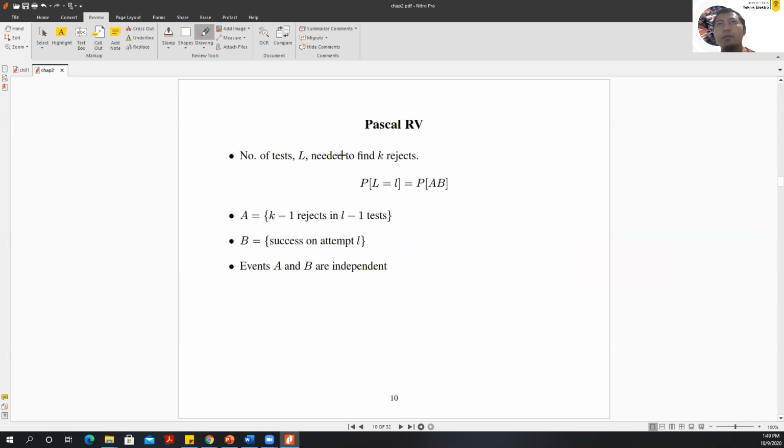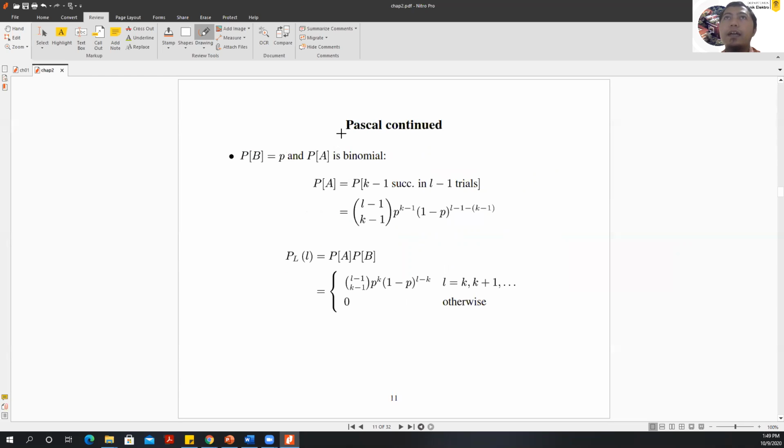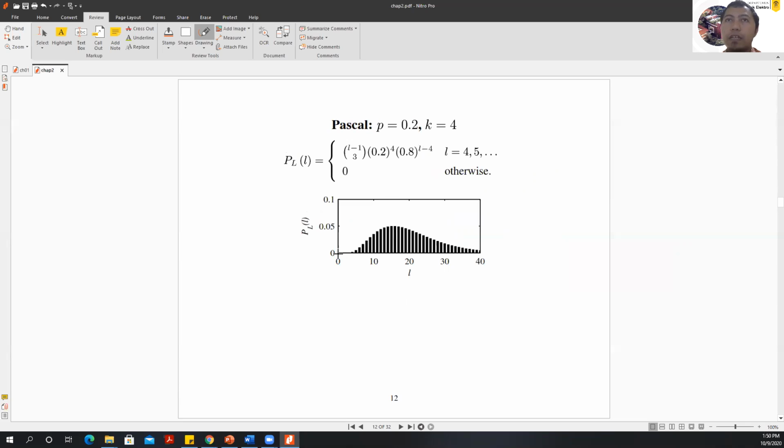Pascal is like this: it rises exponentially from 0, then after some peak it decreases gradually, but the slope is not as steep as before.